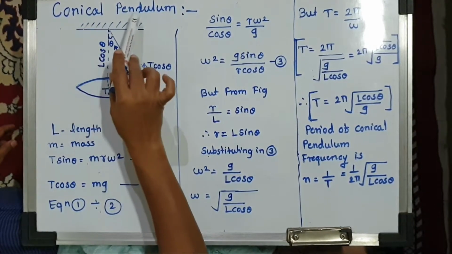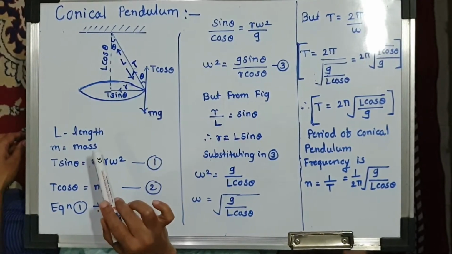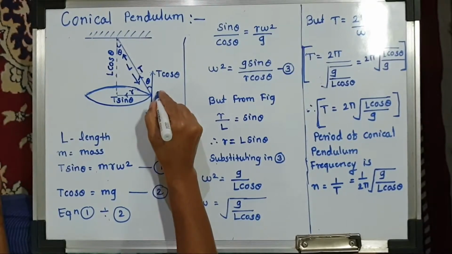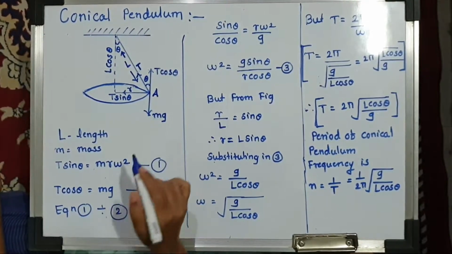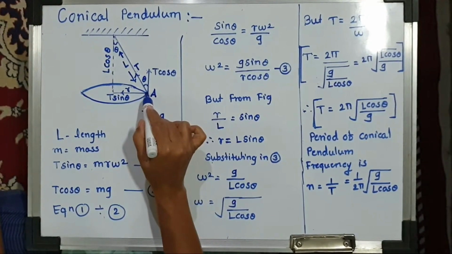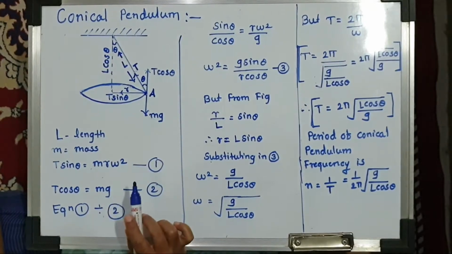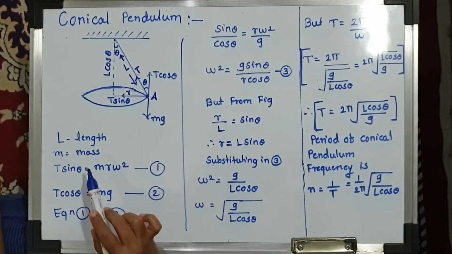conical pendulum. Now, as shown in the diagram, at position A, this tiny mass is performing circular motion in a horizontal plane. R is the radius of the circular path.